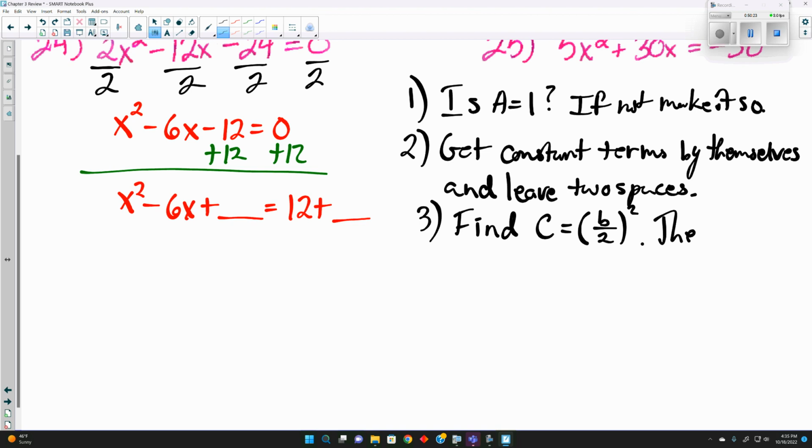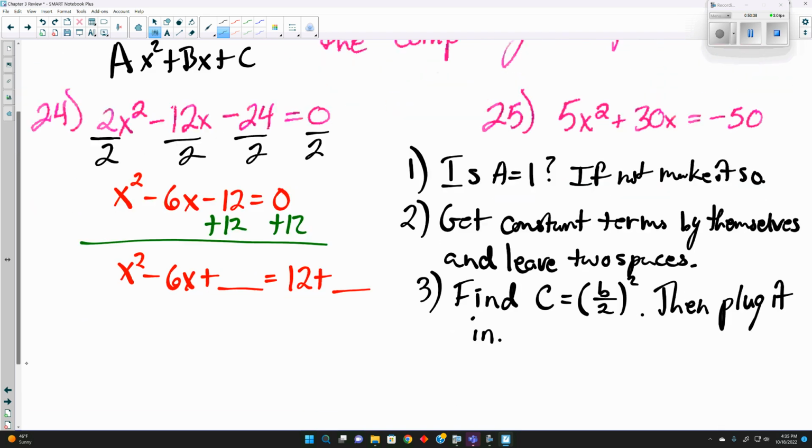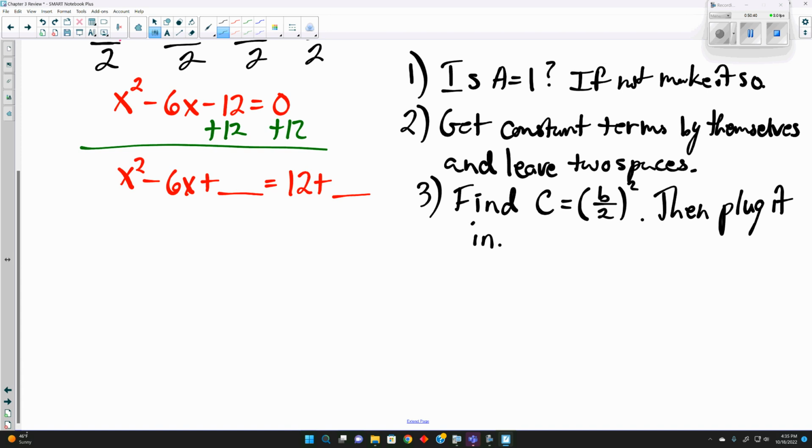Then plug in. And when we plug it in, we're going to plug it in on both sides. Now for us here, normally we can do this off to the side. We don't have to do it right here. We can find c. And c in our case, I'll write it right below the step. So c is equal to b over 2 squared.